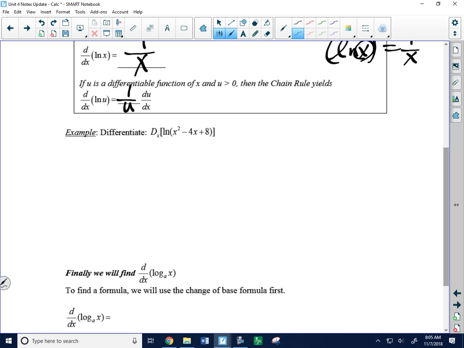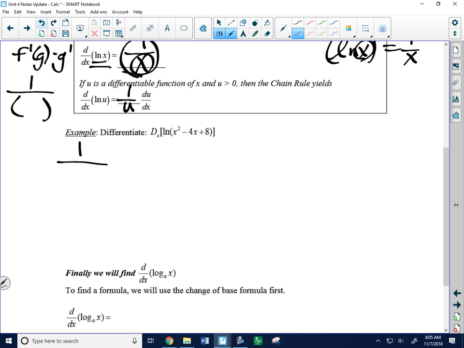So notice here, when you're doing the derivative of natural log, the answer, sometimes students write this like 1 over ln. When you do the derivative of natural log, there's not going to be a natural log left. It's 1 over x. Now in this case, it's 1 over something.